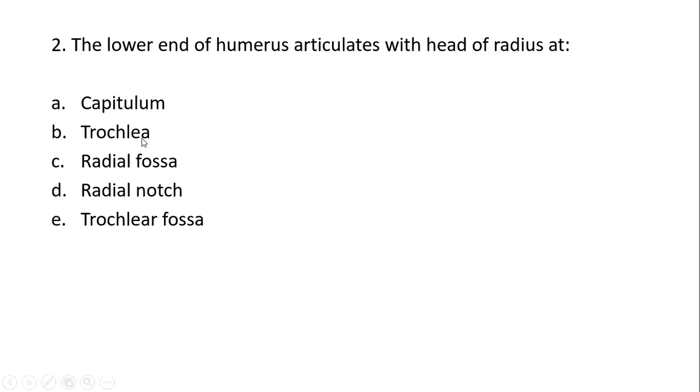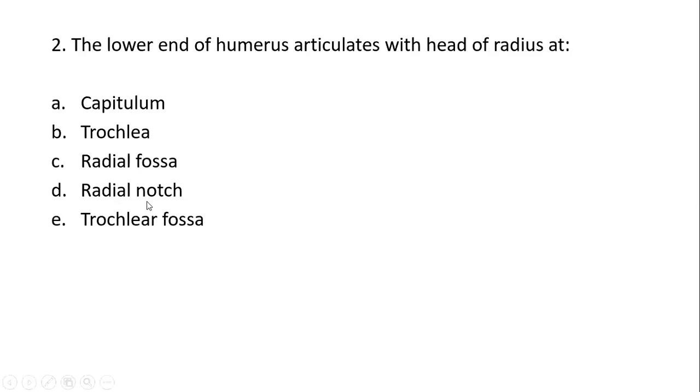So again, let's start with the exclusion strategy. What options can we exclude among these options? Capitulum, trochlea, yes, both of them, they form part of the lower end. Radial fossa is part of the lower end of the humerus.